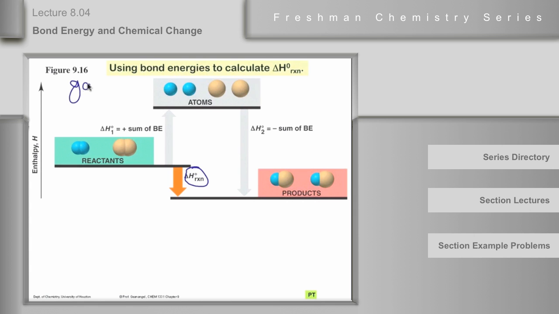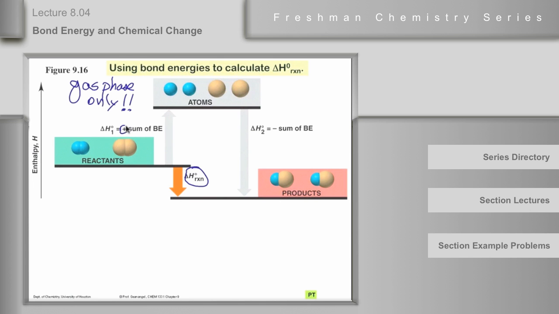For gas phase reactions, and this only works in the gas phase, the bond energies of the reactants can be thought of as having to be overcome to make atoms, and the first delta H term would be the sum of the bond energies for all the reactants. We would break X2 and make two X's, and we would break Y2 and make two Y atoms.